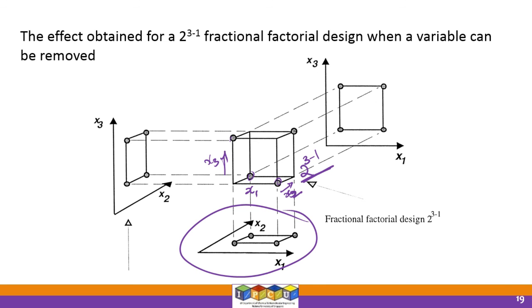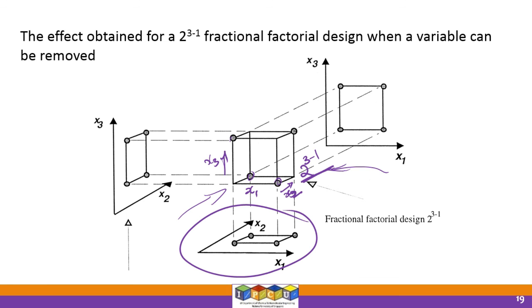And if you look at it from this side, what you will see is the data points in the x2, x3 axis. All right, so the 4 data points from the cube project into the 4 points on the corners of a square. And when you look at it from the front, you will see x1 versus x3, and the 4 data points from the corners of the cube project into the 4 experimental points on the corners of a square.